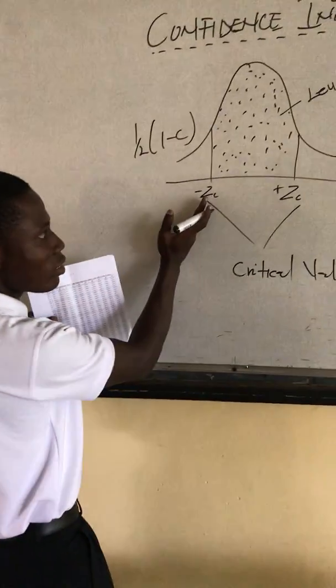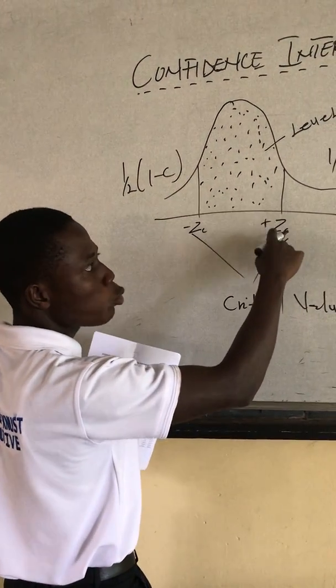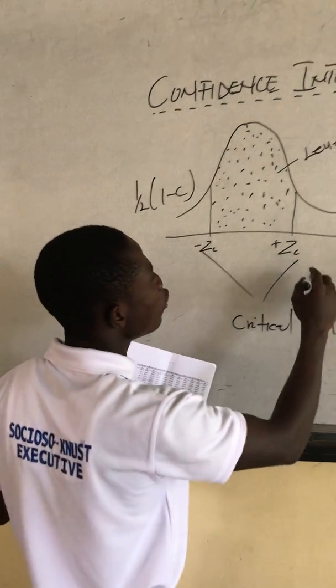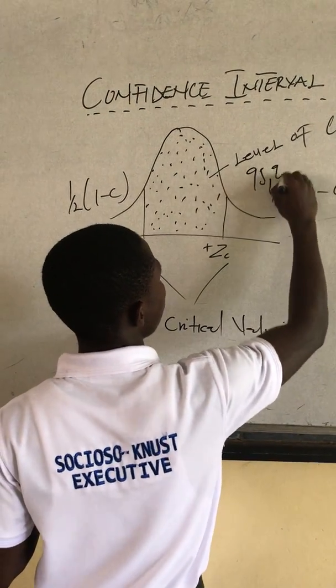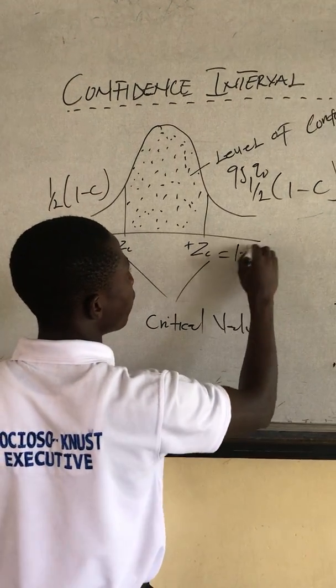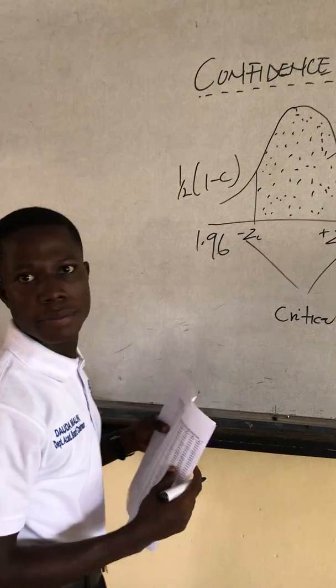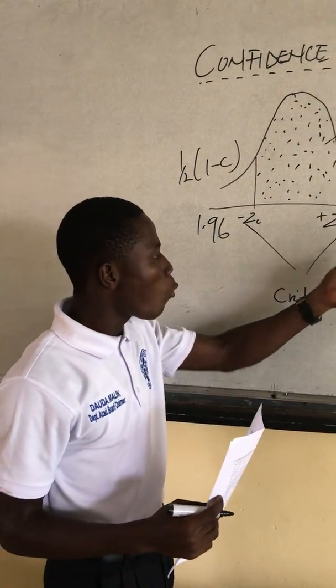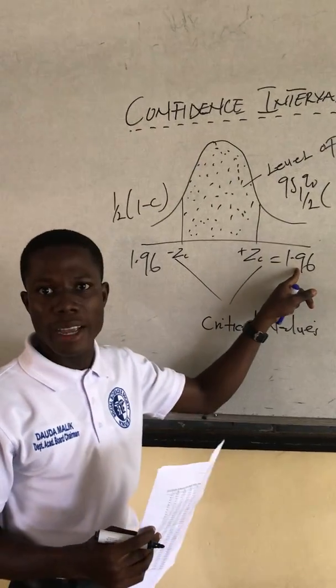It means this side is negative 1.96. Because this is the positive side, it will be 1.96. So for 95% confidence interval, the Z is 1.96. My Z of confidence for 95% confidence interval is 1.96.